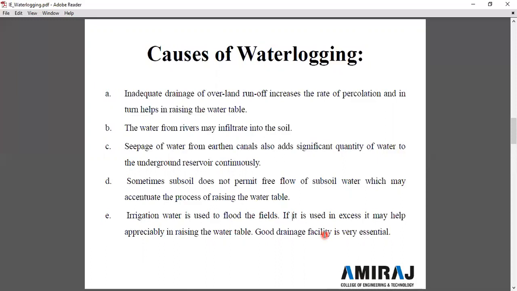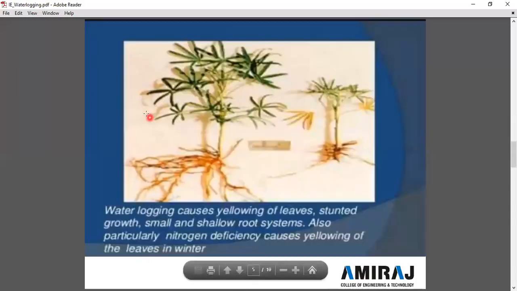So it will raise the groundwater table and fill up the pores in the soil grains, and create an anaerobic condition for the soil. And without proper drainage, the excessive water is not drained out, or proper seepage does not occur in accordance with the gravitational flow.